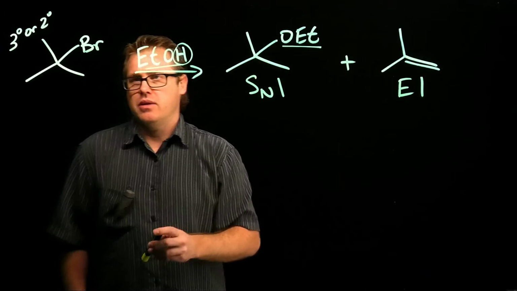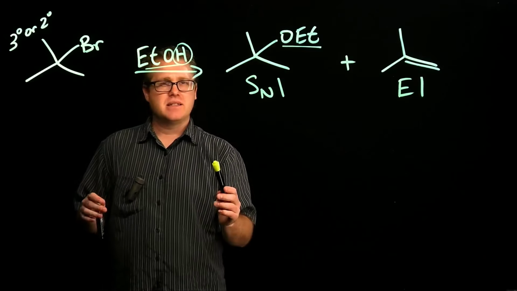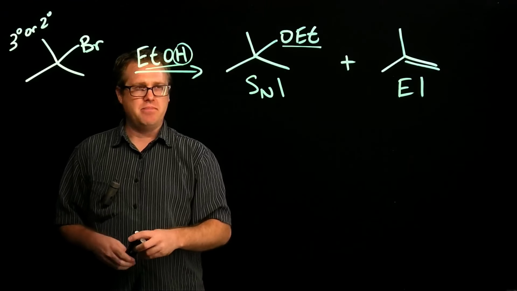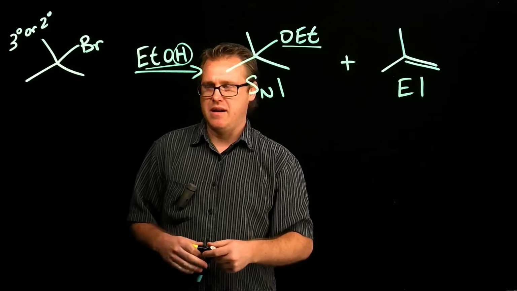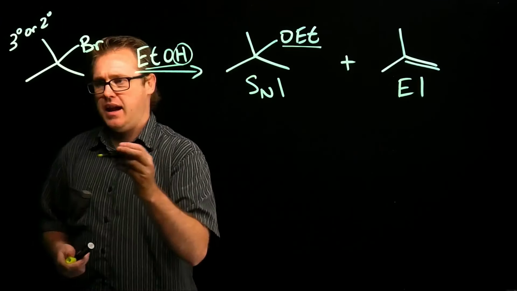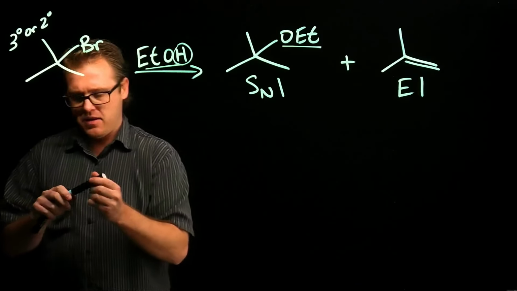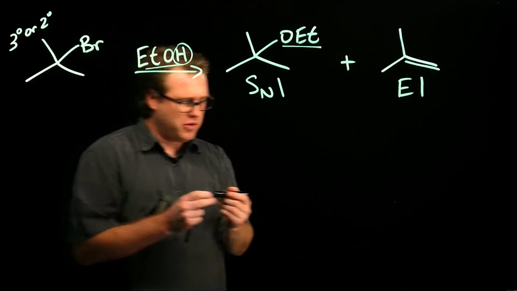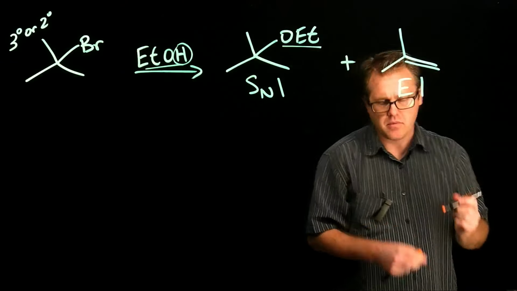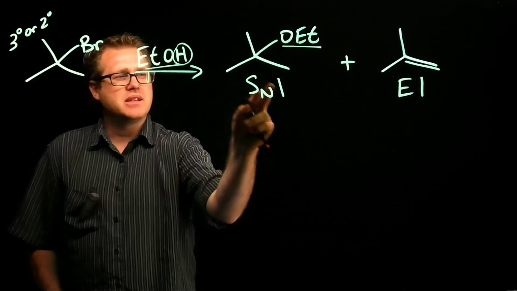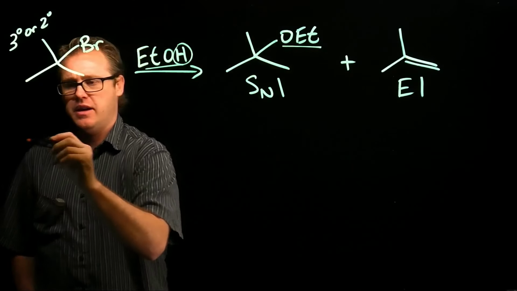Another thing, okay, so how does this come to be? How does this happen? The mechanism is going to help us figure this out. So if I take and let's do the substitution problem first here.